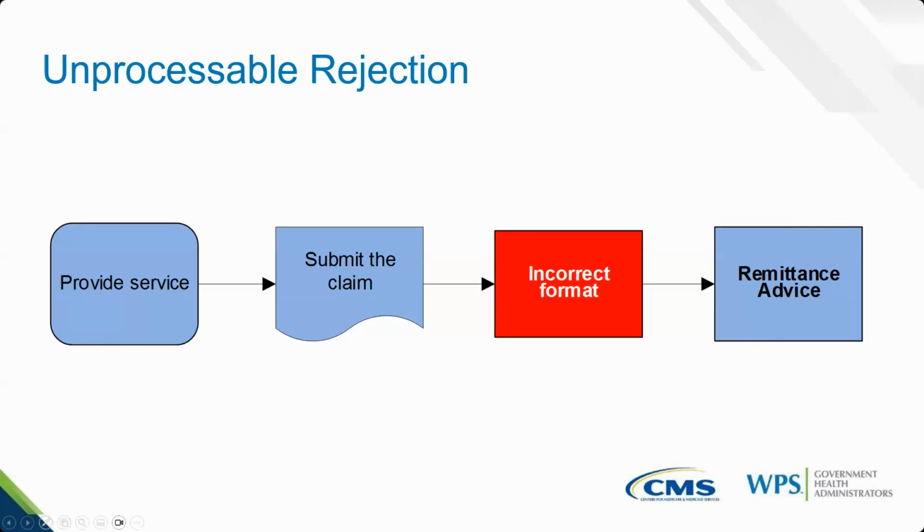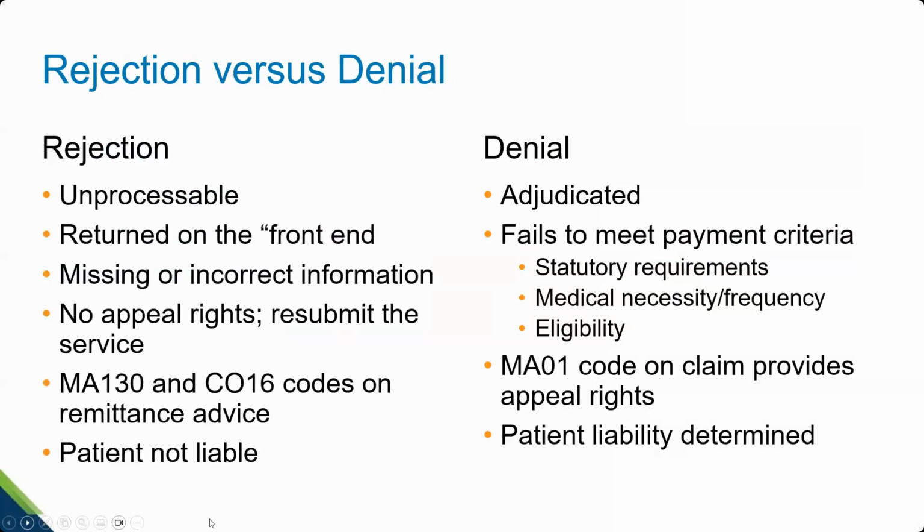It's being rejected. On this slide, I've provided a side-by-side comparison of a rejection and a denial. And these are really two very different things. Some people use these words interchangeably. I find myself sometimes using denial instead of rejection and vice versa, and then I need to correct myself.